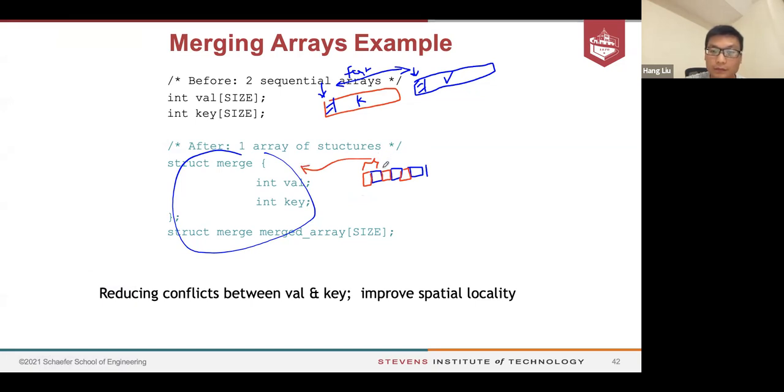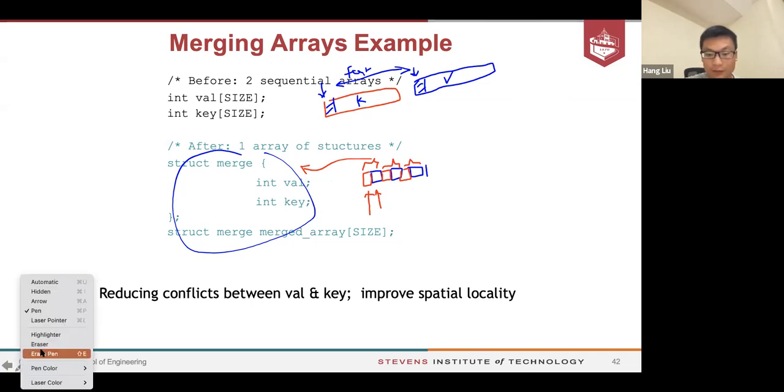This is another, and this is another. So when we access this first key, the value is stored right after it. They are in the same cache line, the same cache block, so we have a better cache hit. Similarly for the second one and the third one. This is why the merged array example is better. It's very important. If you are writing your code today, you can use it.